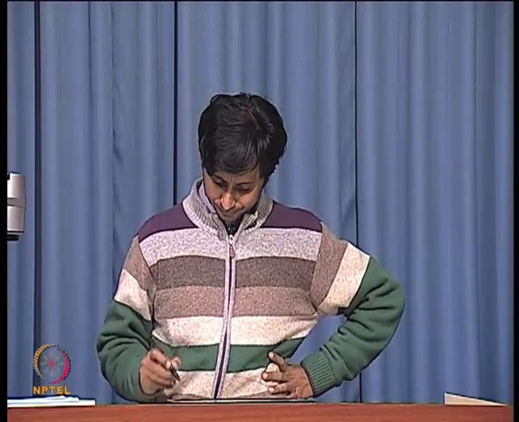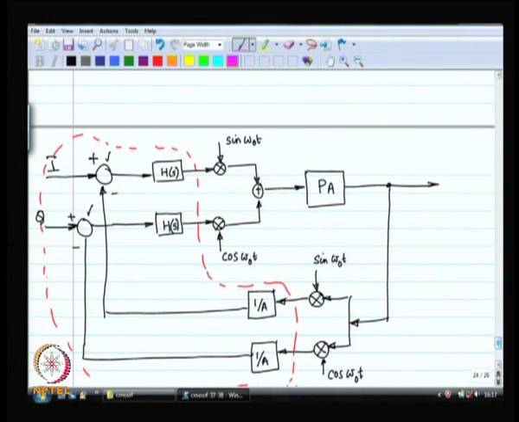So, this kind of feedback system is called a Cartesian feedback system. This is very popular in modern radio architectures. In GSM systems, the amplitude is always the same, it is a sine wave.